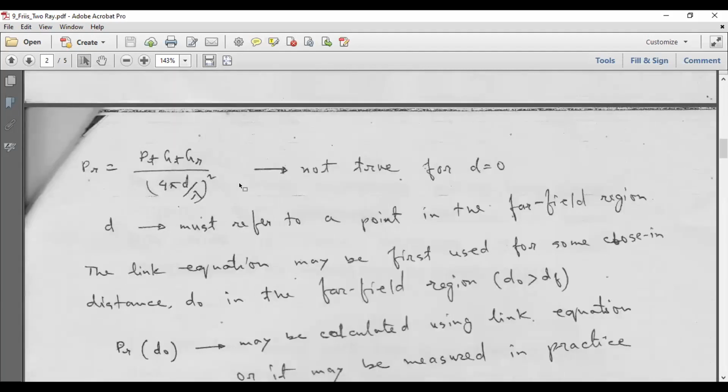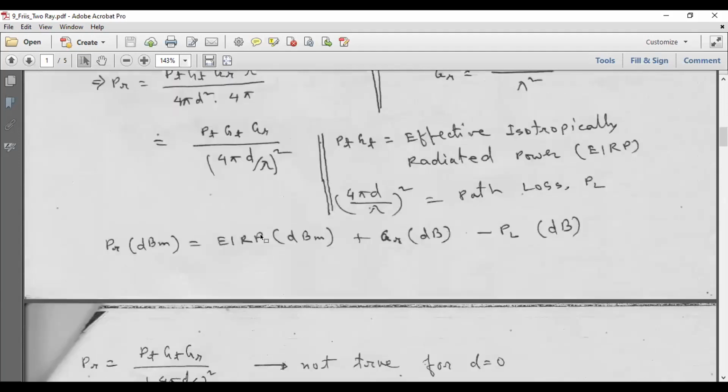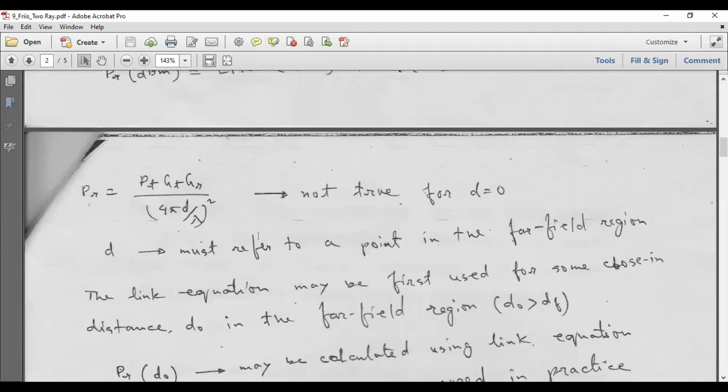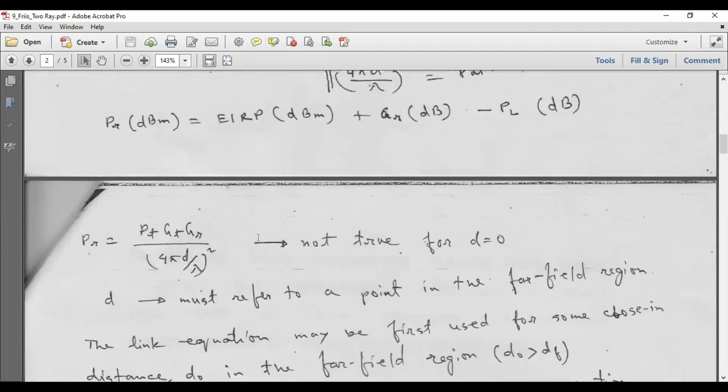Now, this formula for PR doesn't work when you set D equals 0. It's not true for D equals 0. For very small distances you can use it, but not for 0. It becomes infinite then.